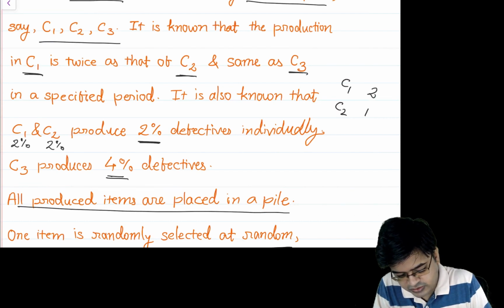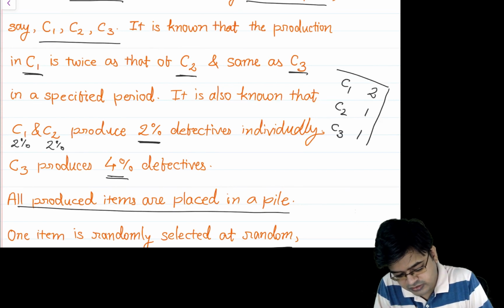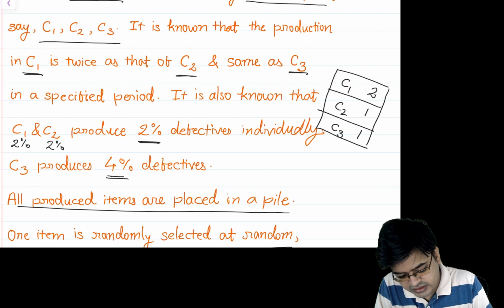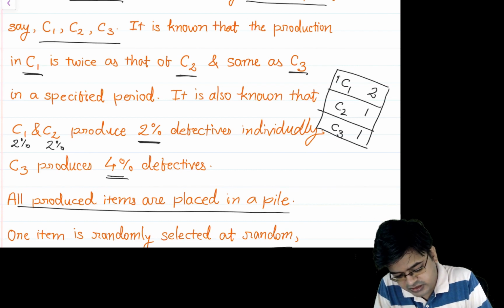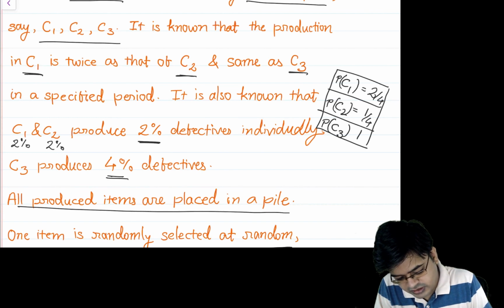So let us say C2 contribution is 1, then C1 contribution is 2, and C3 has the same contribution, which is 1. Based on this, I can assign probabilities to them. That is, the probability of C1 supplying the item is equal to 2 by 4. Probability of C2 is equal to 1 by 4. Probability of C3 is equal to 1 by 4.